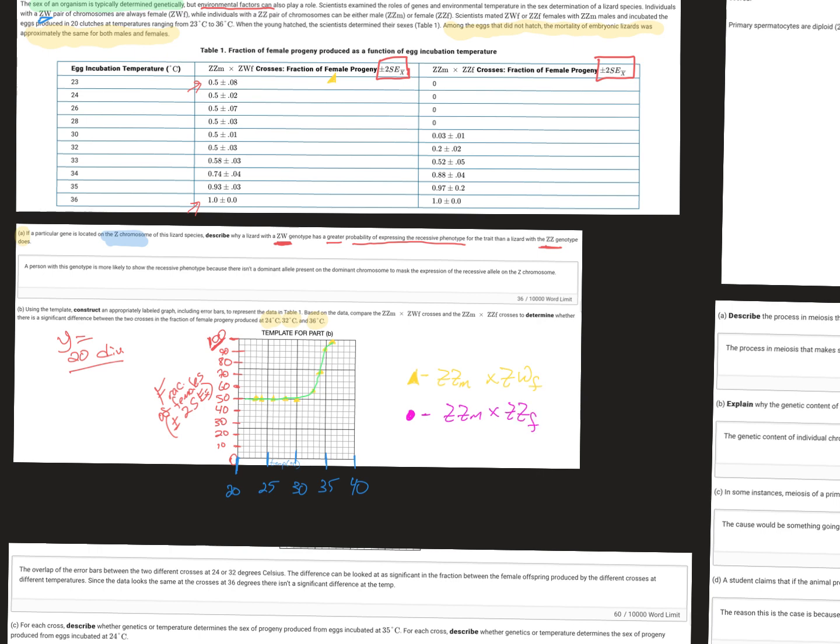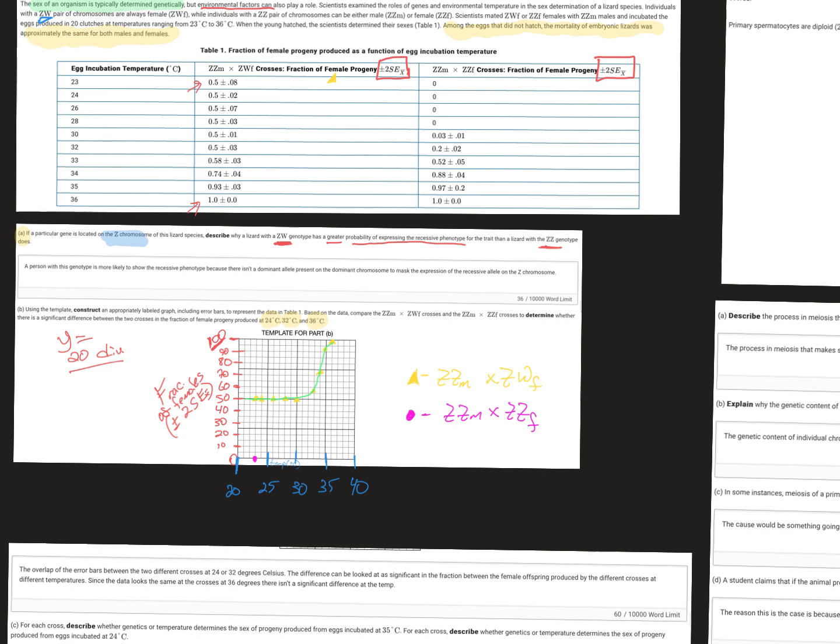So when I do that, I can start at 23. Again, starting at 23, I have 0 that are female for this particular cross.